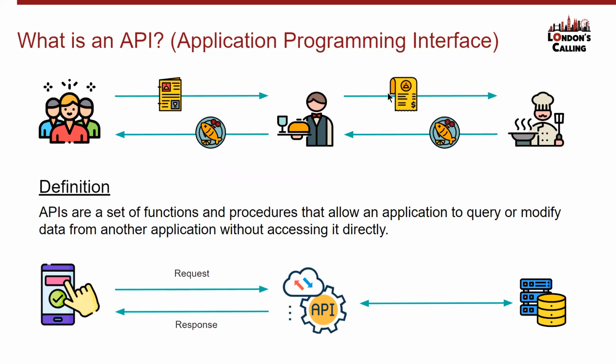A very brief introduction to what an API is. An API is just a way for communication. You are the user, you ask the API for some information, and the API will call the cook, for example, to ask for the information. Then the cook will give the information, and the waiter will give you back the information coming from the cook.